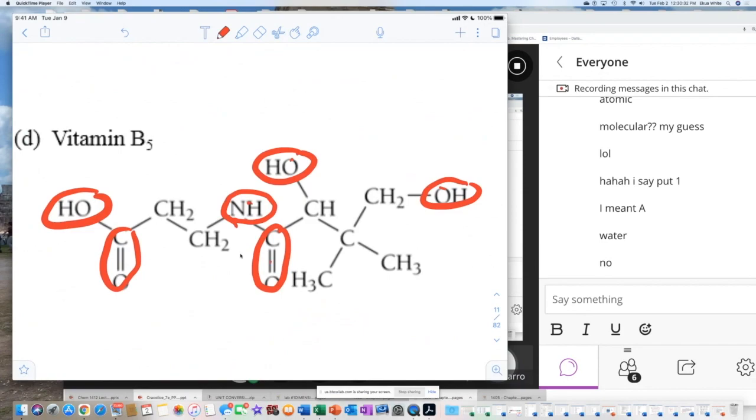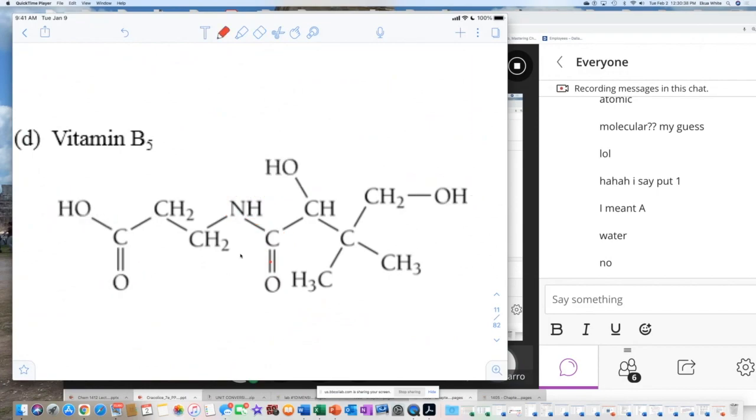So based on that, how many carbons do we have compared to all those we circled? 1, 2, 3, 4, 5, 6. So 6 polar bonds should be able to handle how many? 30 carbons. We have 1, 2, 3, 4, 5, 6, 7, 8, 9. That's all I see. So definitely less than 30.